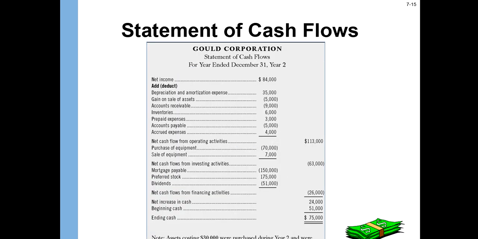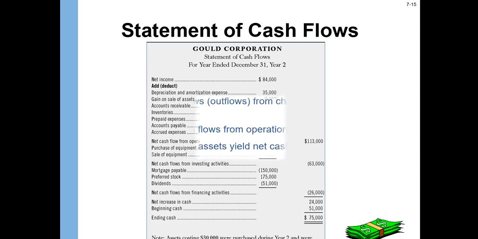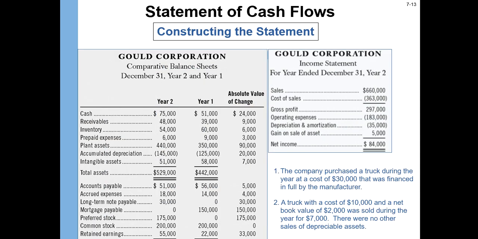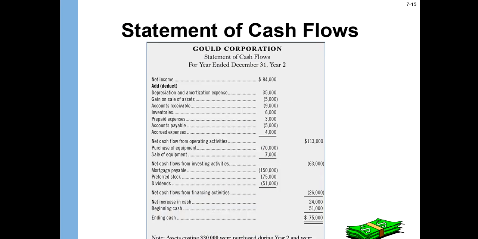We add these two together, the increase in cash and beginning cash. So ending cash is 75,000. Just to remind you that cash is raised from 51,000 to 75,000. So that's what we obtain at the end of the calculation. And the change was 24,000. The changes are given over here.